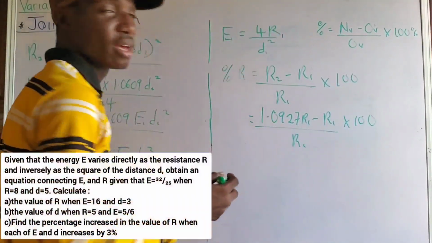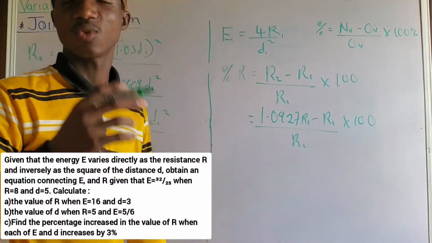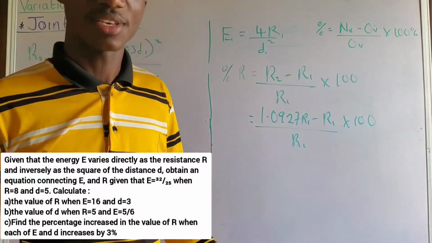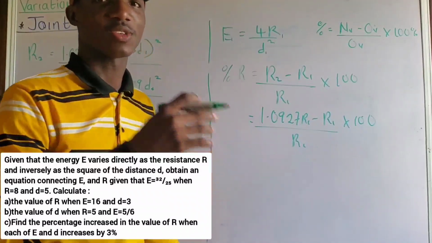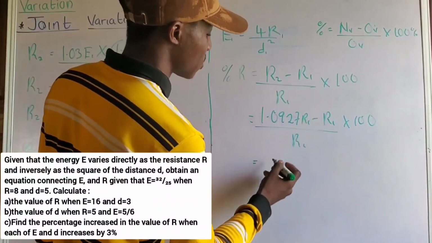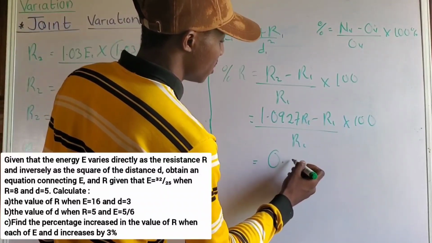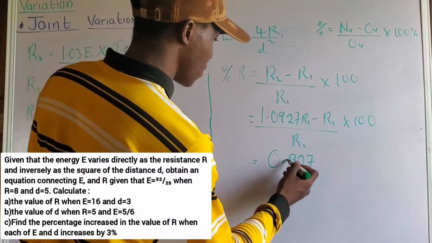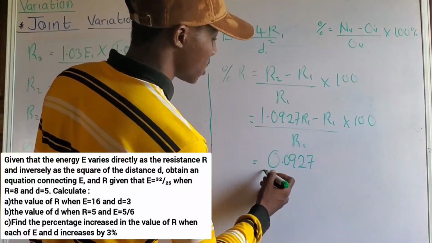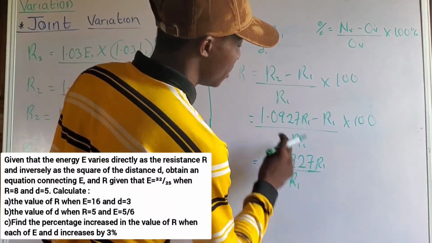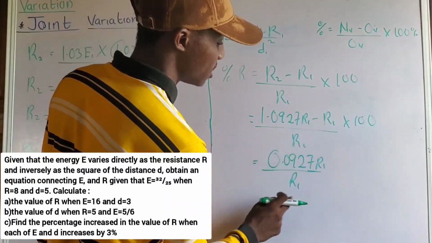Let me tell you, R1 is also the same thing as 1 R1, just as x is the same thing as 1x. So I'm going to have this minus this, which is 0.0927 R1 all over R1.